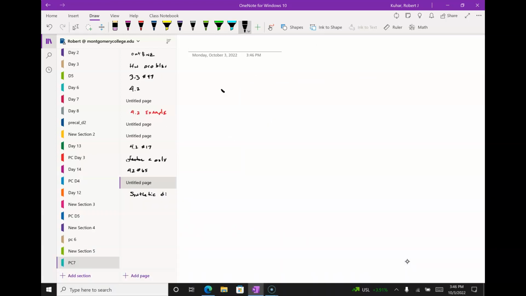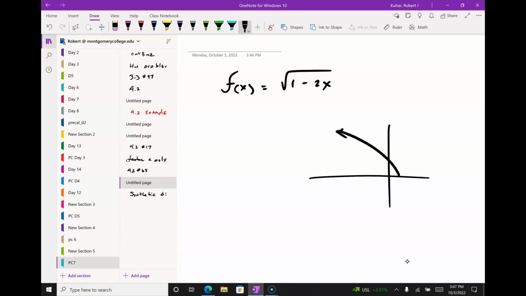So I'll have f of x equal square root of 1 minus 2x. I'm going to ask for points on here at 0 and -4.